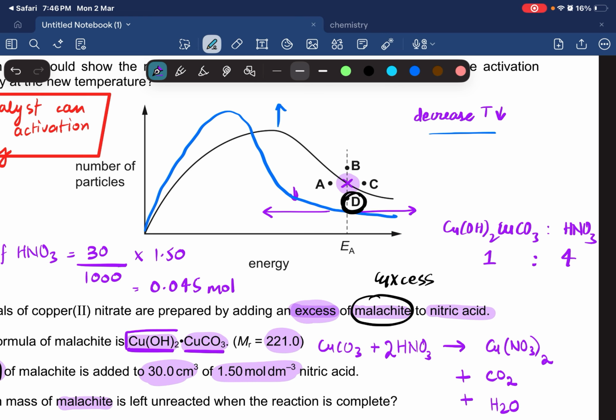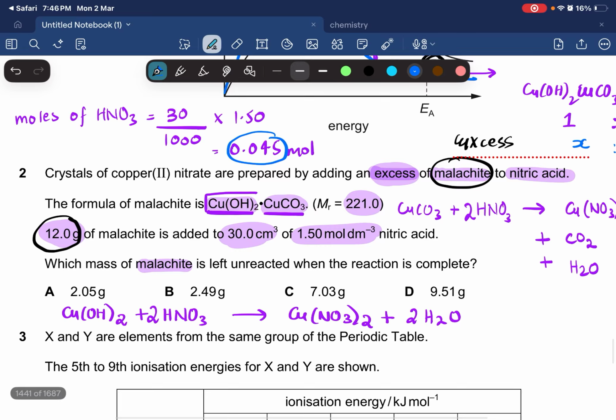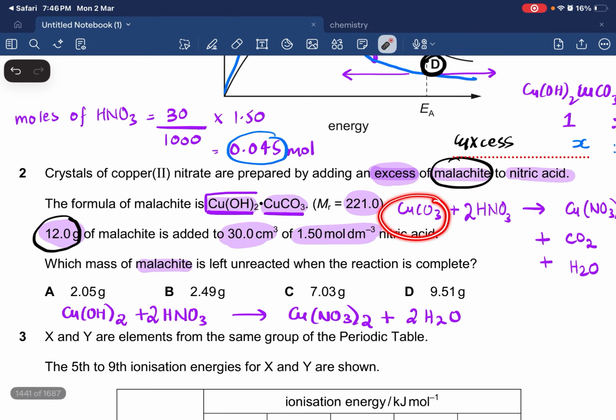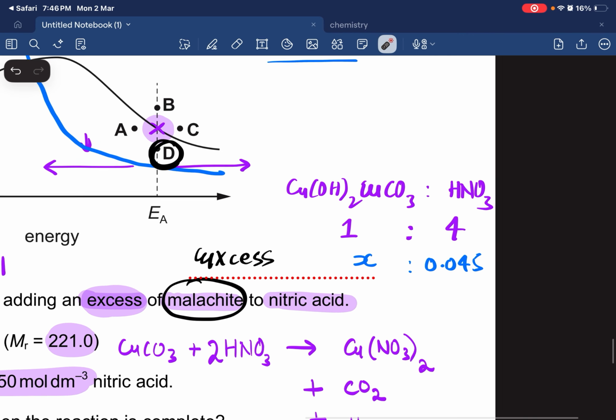Okay, so now if I have 0.045 moles of my HNO3, I'm going to have X moles of malachite. How many moles of malachite would come? We're not basically calculating the moles of malachite, we're just calculating the combined moles of this and this. So don't consider it to be a different compound like malachite, consider it to be copper carbonate or copper hydroxide.